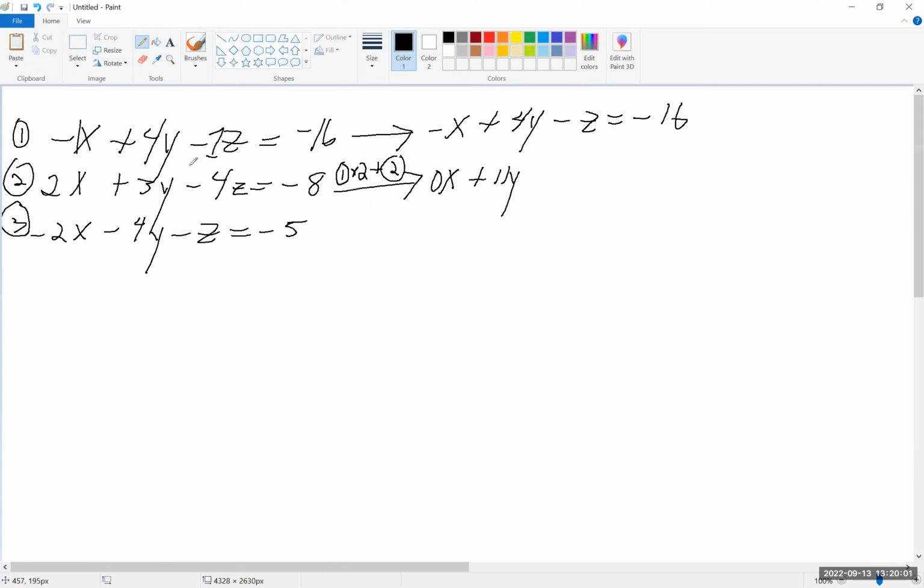Negative 1 times 2 is negative 2 plus negative 4 is negative 6. Negative 16 times 2 is negative 32 plus negative 8 is negative 40.